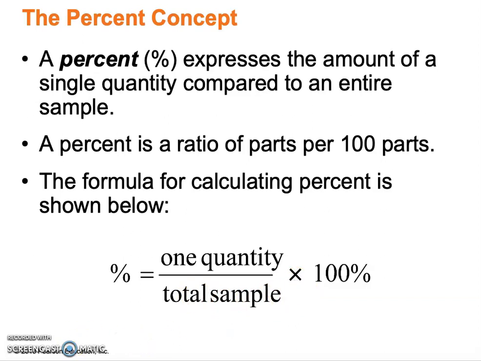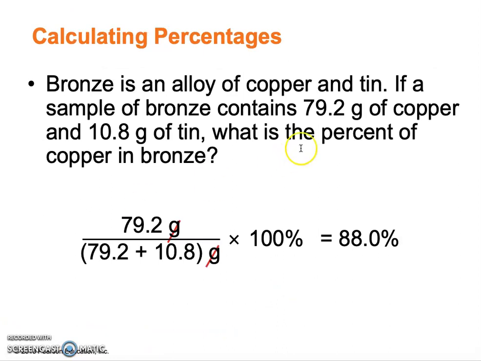Now, how can you calculate a percentage? Let's look at this example. Bronze is an alloy of copper and tin. If a sample of bronze contains 79.2 grams of copper and 10.8 grams of tin, what is the percent of copper in bronze? First, you have to find the mass of the sample.